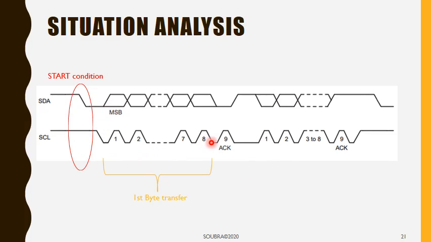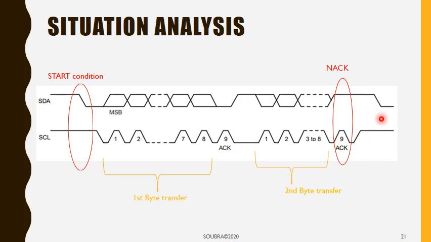And I have a byte here, so 8 bits, and I have another byte here, so 1 to 8, so 8 bits again, all right? And then I have an ACK here, so it's a good acknowledgement happening here, but I have a NACK here because you can notice that this one remains at 1 on the 9th pulse.